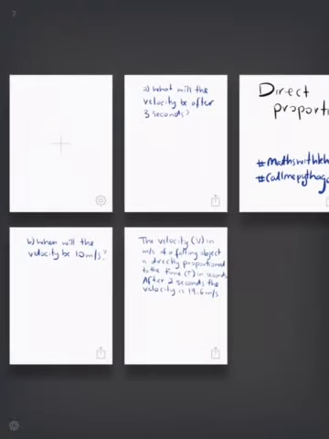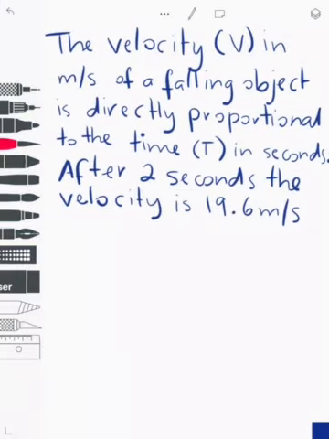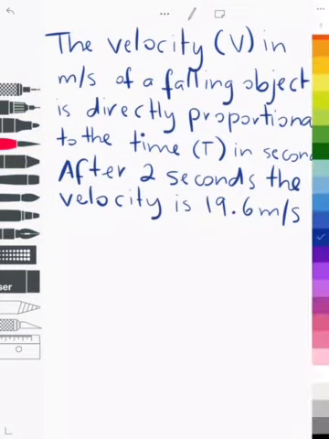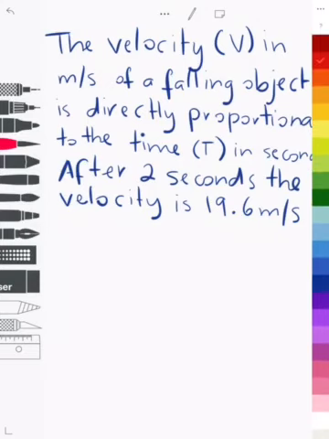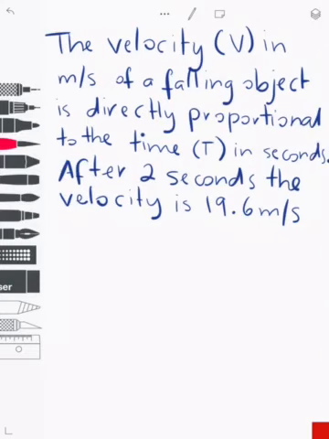Now let's go through an example where we're dealing with velocity. The question states the velocity, or v, in meters per second of a falling object, is directly proportional to the time, t, in seconds. After 2 seconds, the velocity is 19.6 meters per second. Let's start by writing a proportional statement about what is proportional to what.